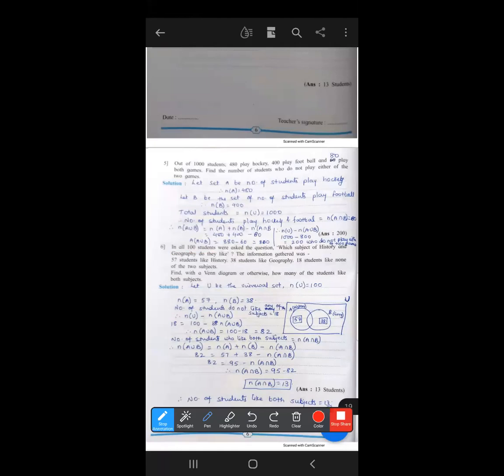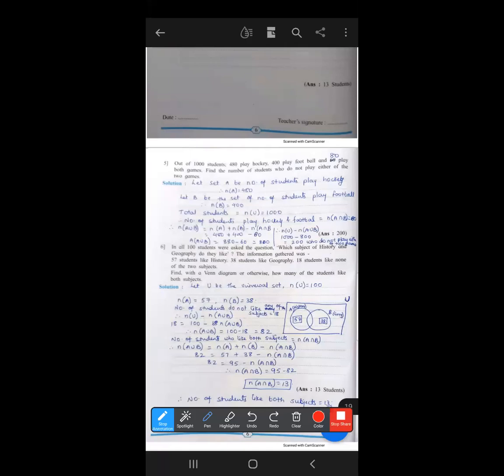The information gathered was 57 students like history, 38 students like geography, and 18 students like none of the two subjects. Find with a Venn diagram or otherwise how many students like both the subjects.